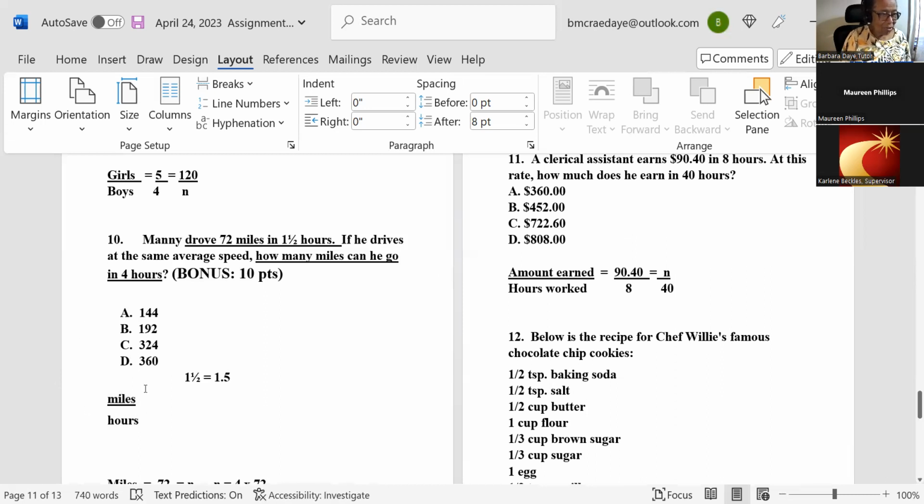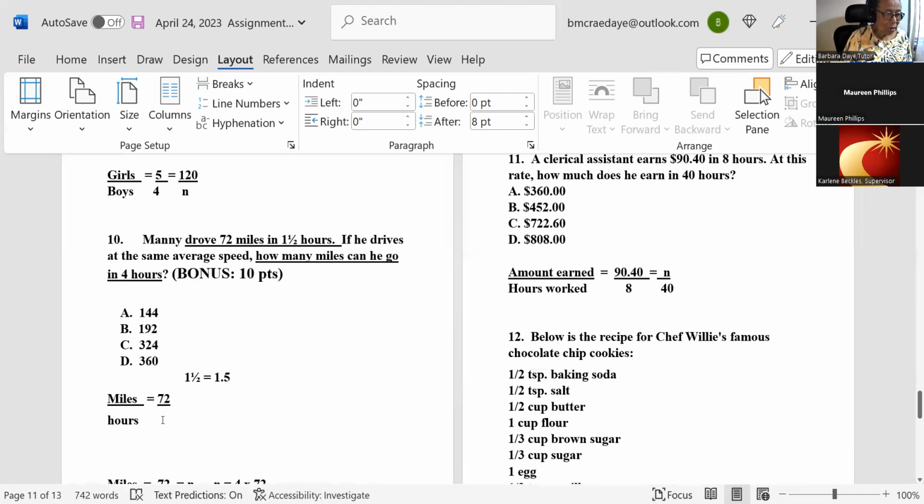All right, so what would we have here? What's the number of miles they gave us? 72, right? And what's the time for that 72? 1.5 hours.